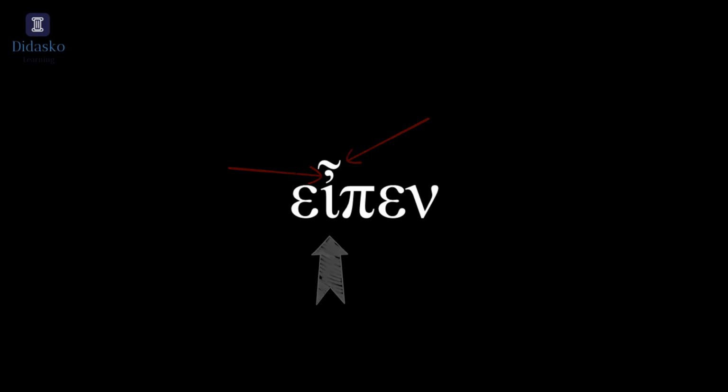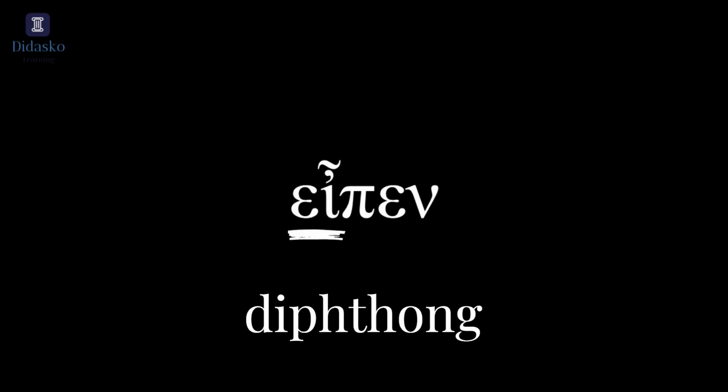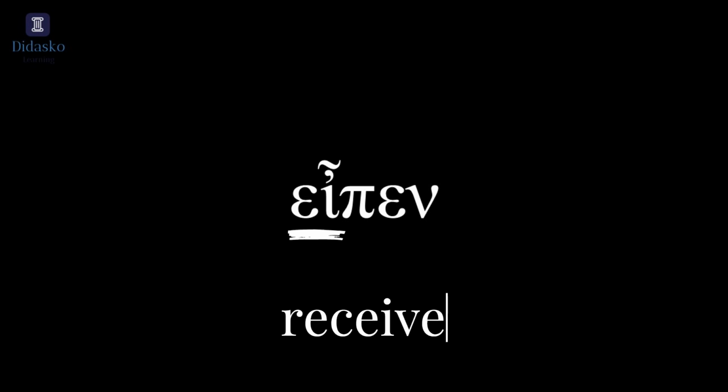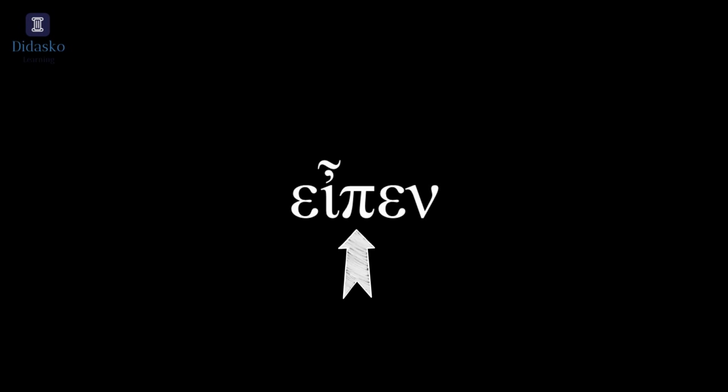So this again is a diphthong. These two vowels at the beginning are pronounced together, much similar to the English word receive. The E and the I in receive are pronounced together. Same with the epsilon and the iota at the beginning of this word. They're pronounced together. After that, we have P, epsilon, and nu.